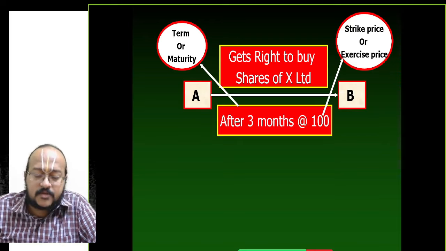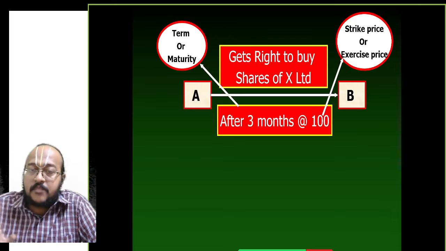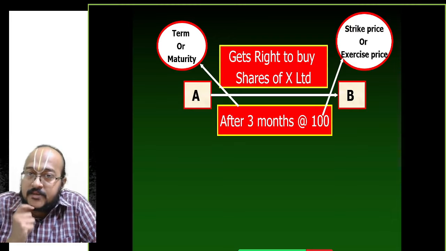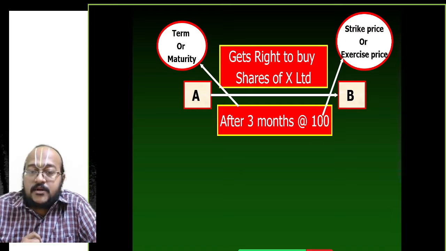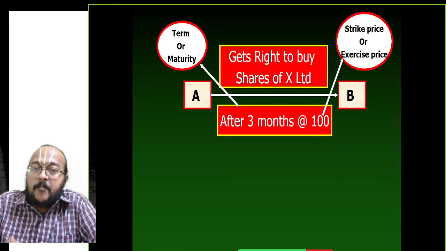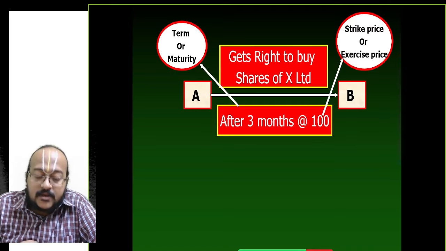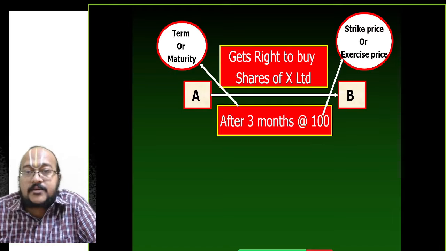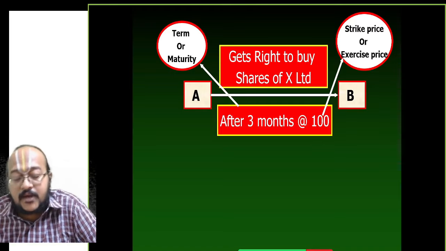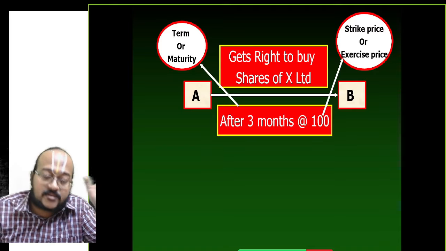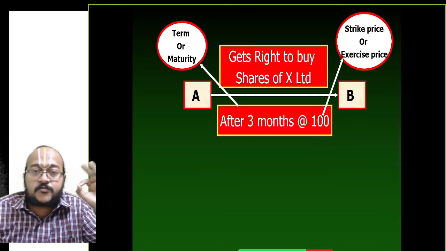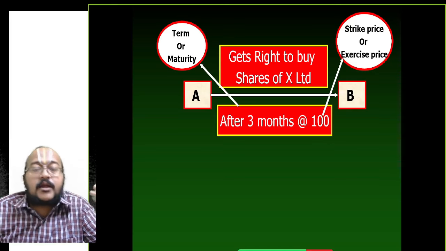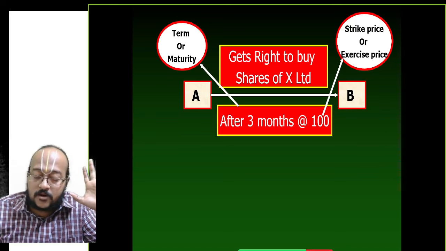So there are 2 parties, A and B, wherein A is the buyer of the call option. He is buying the option. The buyer of the call option gets the right to buy the shares at the agreed upon price of rupees 100. This 100 is called the exercise price, and the period after 3 months is called the maturity period of the option.